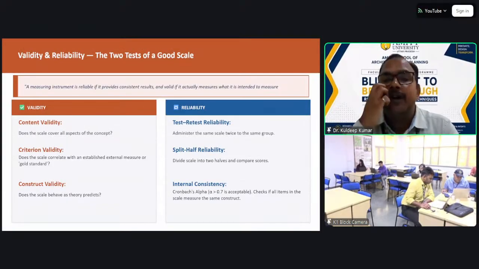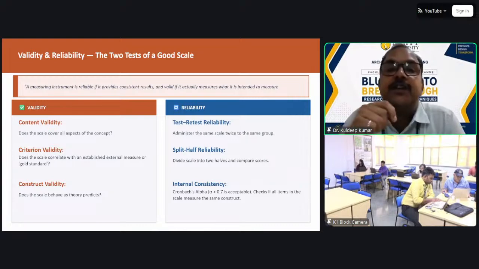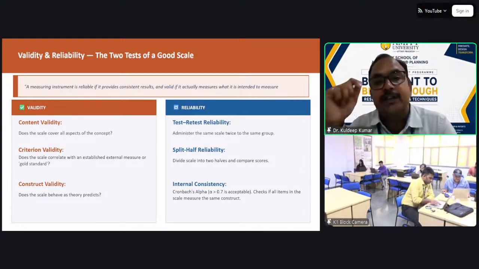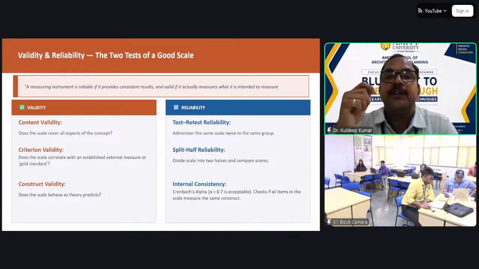So we have now covered the main scaling techniques, but knowing which scale to use is still not sufficient. More important is to ensure that your scale actually works, that it produces data that is trustworthy. That is more important.